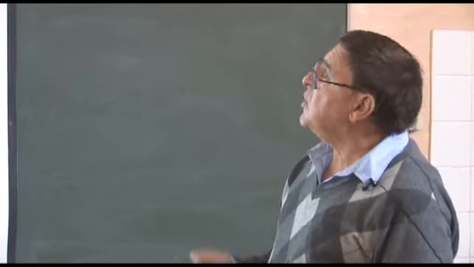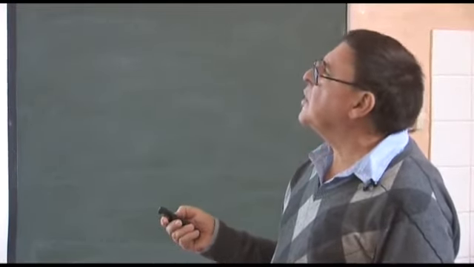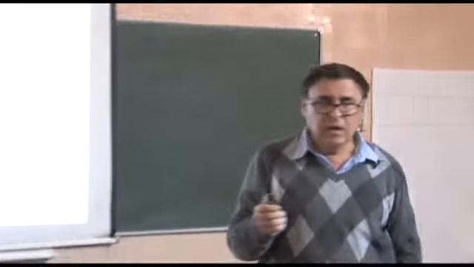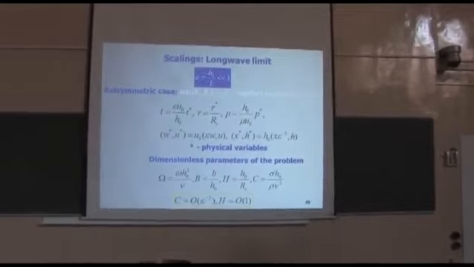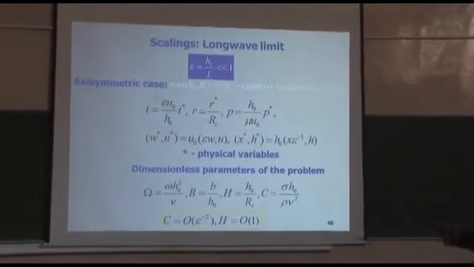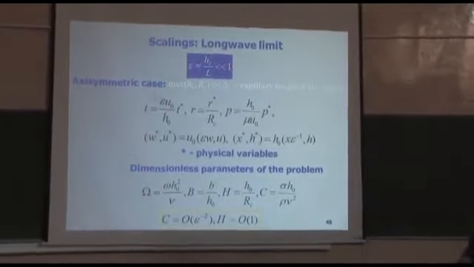Okay, so I don't want to go through the equations. Let me just look at the long wave limit. Again, we define the small parameter epsilon as the ratio between the mean thickness of the film and the typical wavelength of the disturbance.